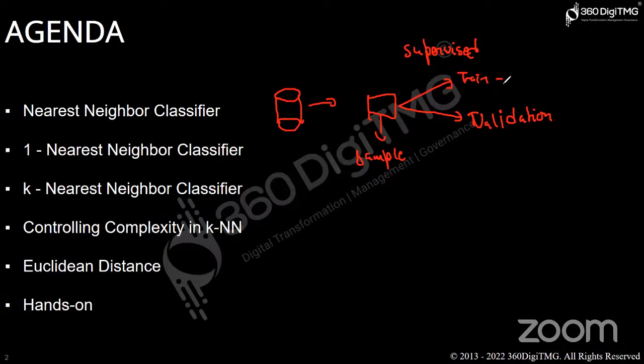So first we train our ML model. After that, we pass it on to our validation dataset where it will get validated. Then we combine the train and validation data and we build our final model.